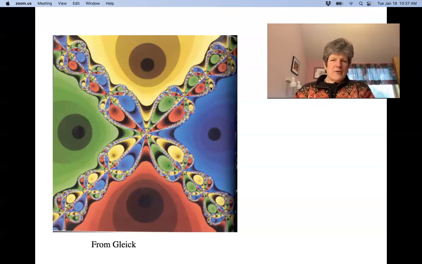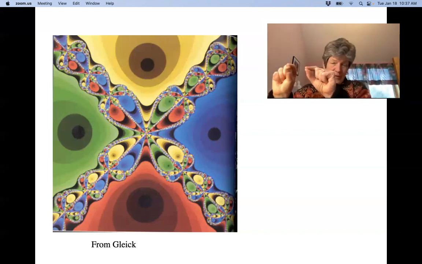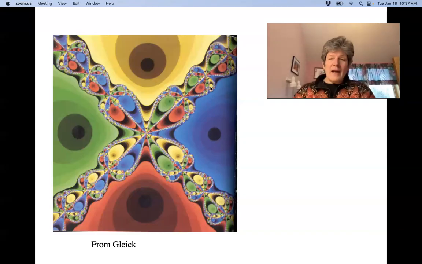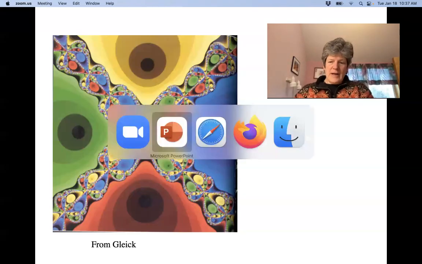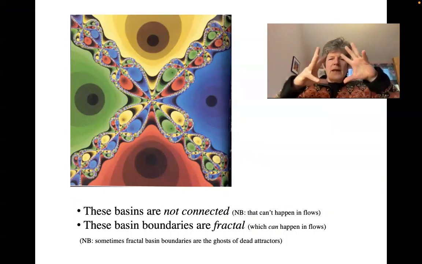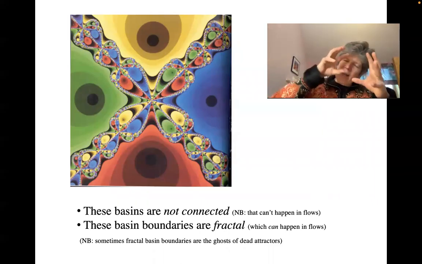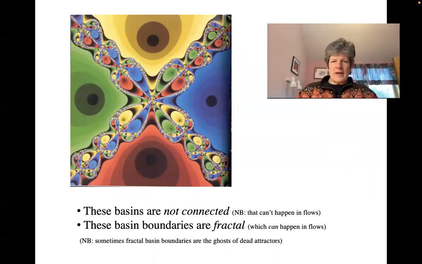So this is like the picture that I drew before, where you have a piece of the red basin of attraction over here and another piece of the red basin of attraction over here. They are not connected. These basins of attraction are not connected. There is red and green and blue infinitely interwoven at every possible magnification scale along these diagonal lines.